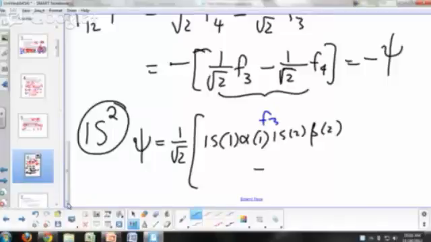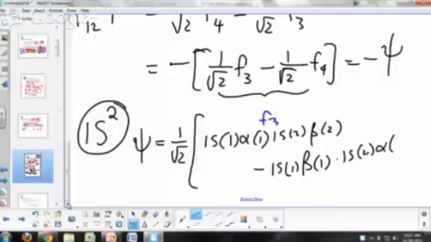Minus electron 1 spin down, electron 2, 1s2 alpha 2. This is F4. So this is the wave function that's associated with what you would call the 1s2 configuration.